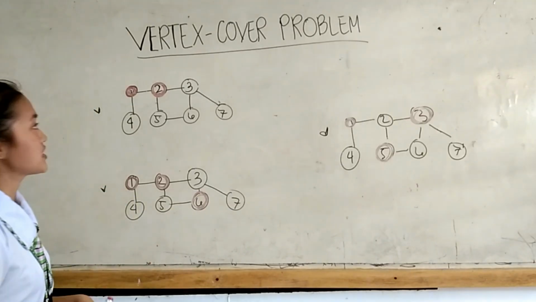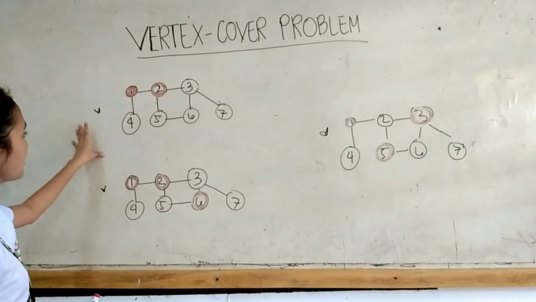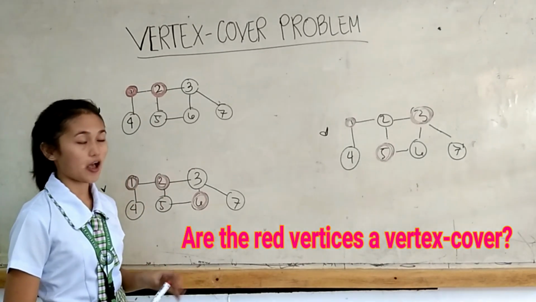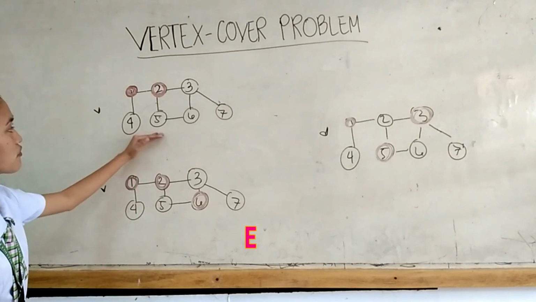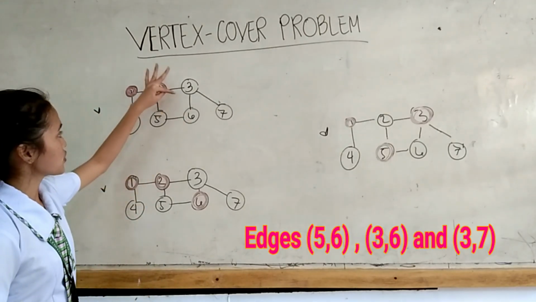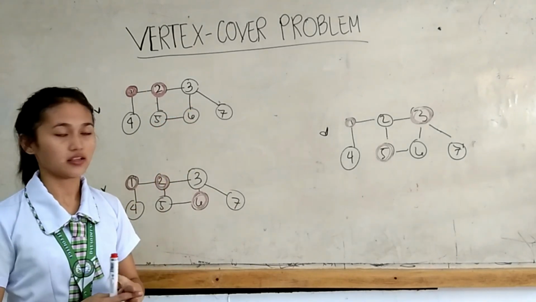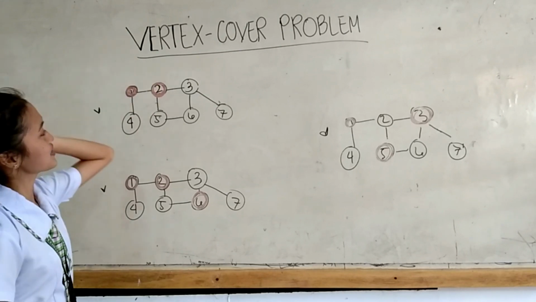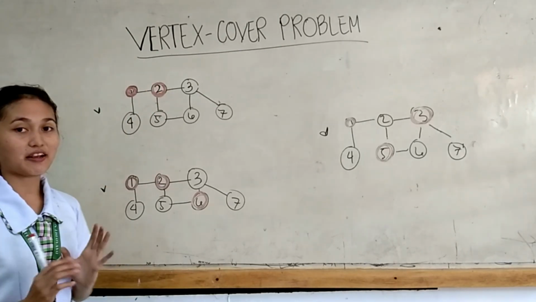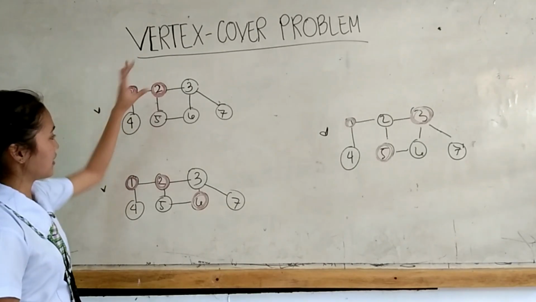So here are some examples of the vertex-cover problem. Example number 1: are the red vertices a vertex cover? No, because edges 5 to 6, 3 to 6, and 3 to 7 are not covered by it. Only this edge is being covered by vertices 1 and 2.